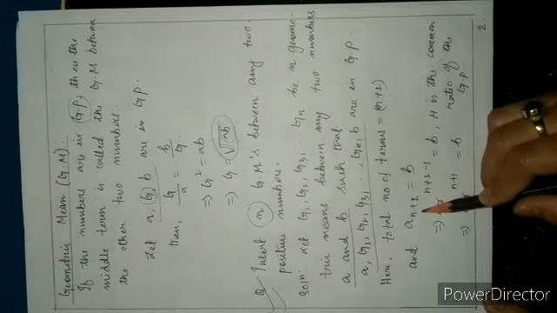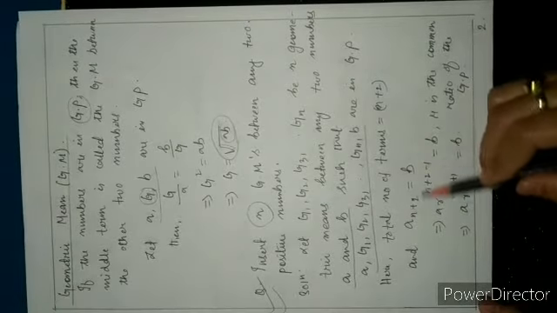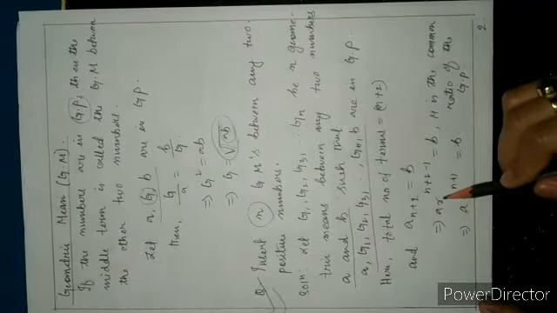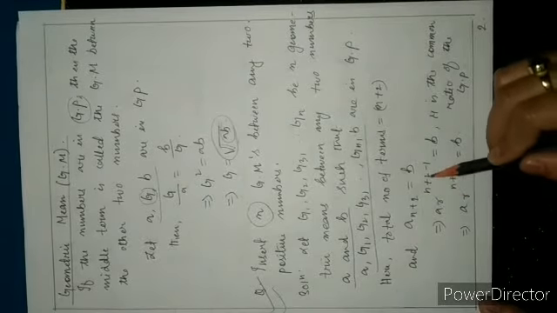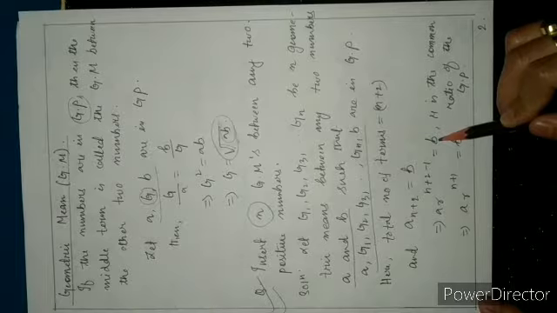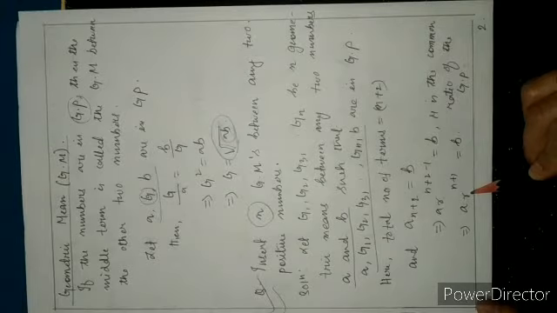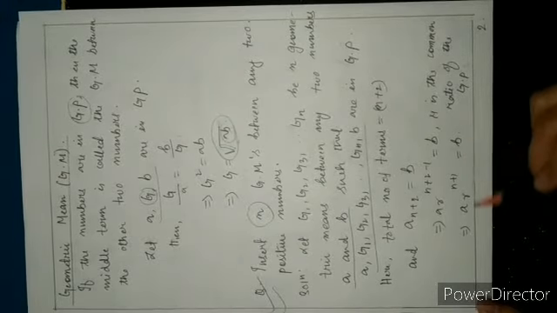And the last term of the GP will be equal to b. Then write the formula of a n plus 2. It will be equal to a r to the power n plus 2 minus 1, which is equal to b. Here r is the common ratio of the GP. By solving this equation, we get a r to the power n plus 1 is equal to b.